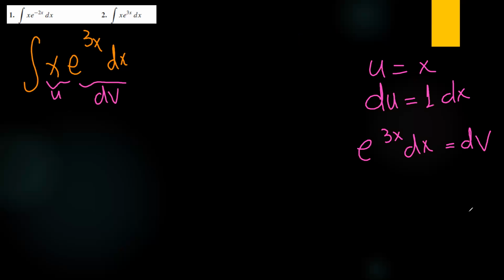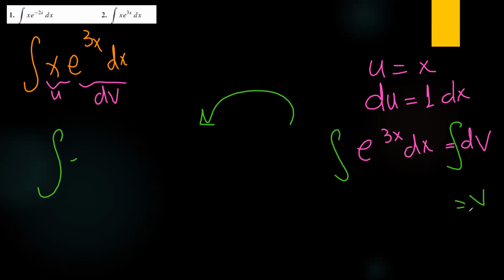So we need now to find v. To find v, we need to integrate e to the power 3x. On this one, we cannot find it quickly. We need to go to lesson number 3, U-Substitution, in order to find it. Let's do it here.